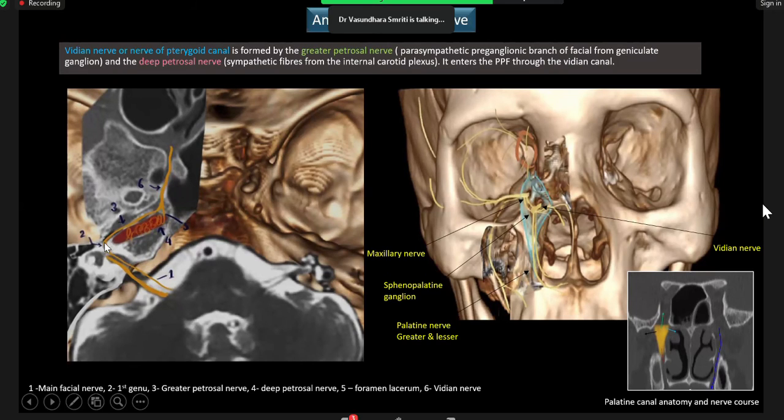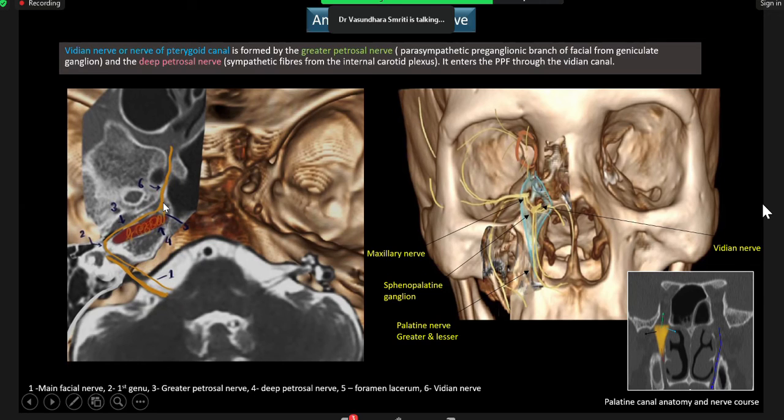This greater petrosal nerve travels under the dura. It crosses the petrous bone and enters into the middle fossa. It travels anteriorly under the dura, anterior to the carotid canal, and comes to the foramen lacerum. In the foramen lacerum, it receives the sympathetic branch from the carotid, that is known as number four, the deep petrosal nerve.